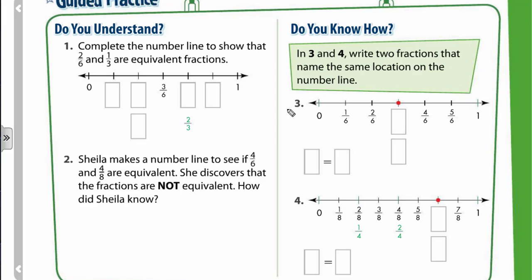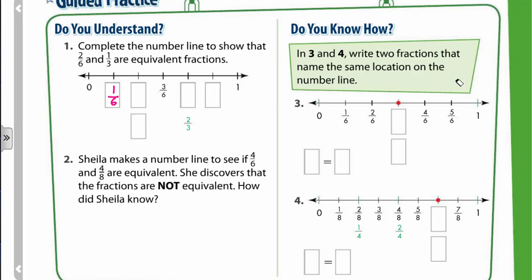Again, when we divide the number line into 6 lengths, 1, 2, 3, 4, 5, 6, the distance from 0 to 1 is divided into 6 equal parts. So each part of them is 1/6. And we will start after the first. This point will be 1/6.